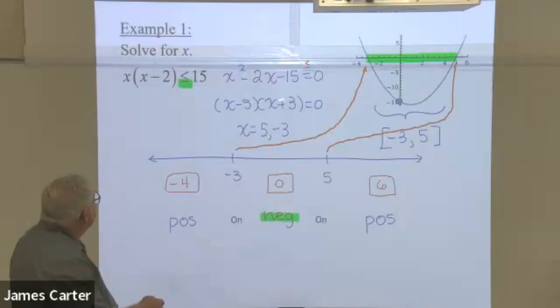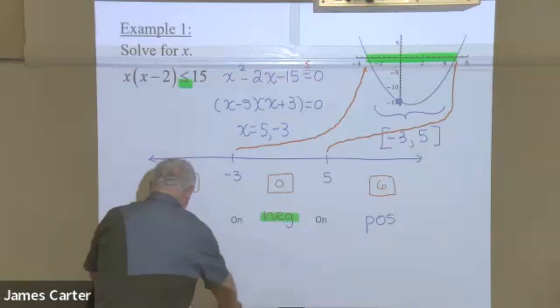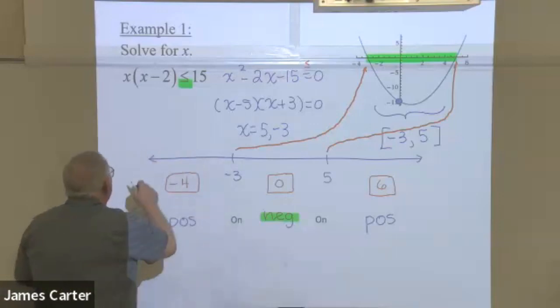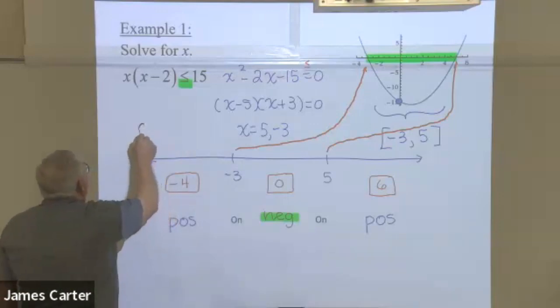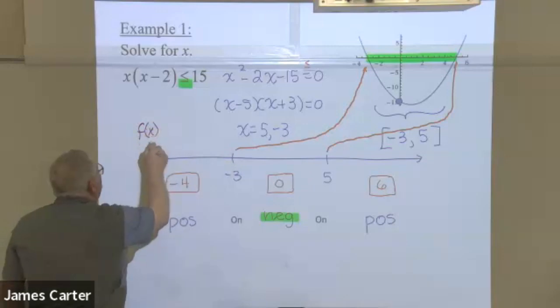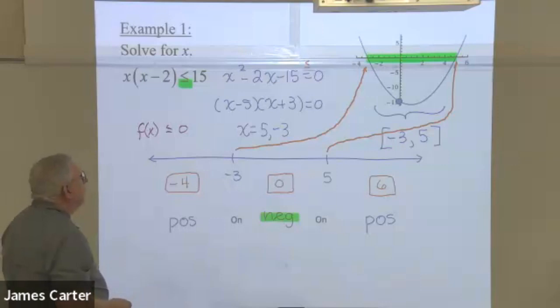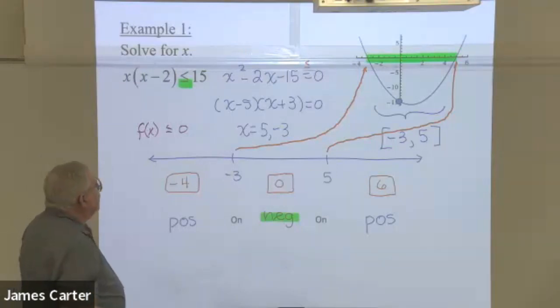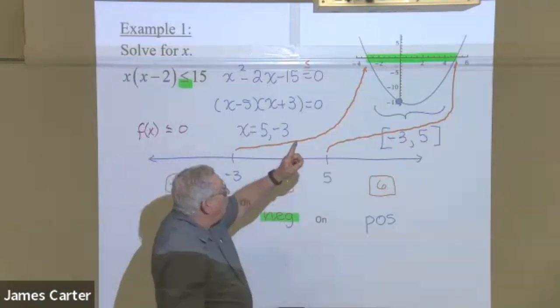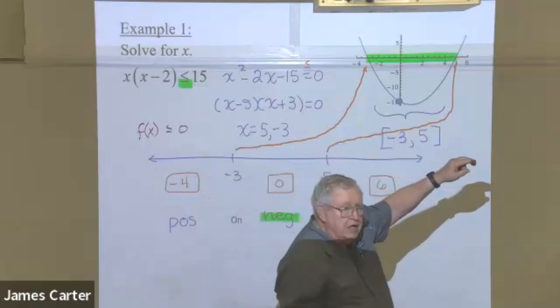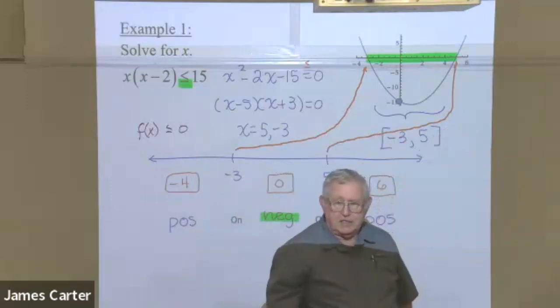Because if you have the equation is less than or equal to zero, that means it wants to know what part of the graph is below the x-axis. That's what that means. Okay?